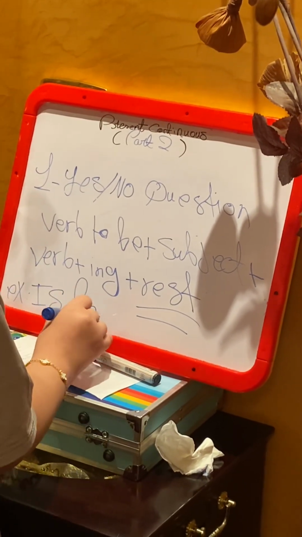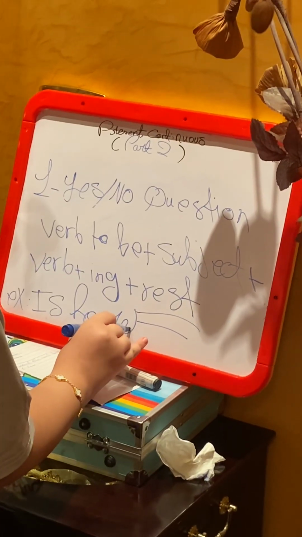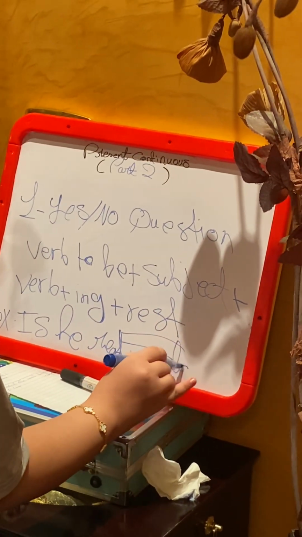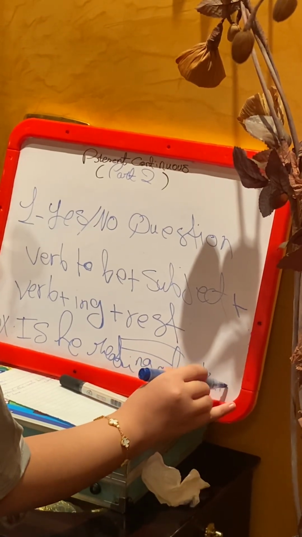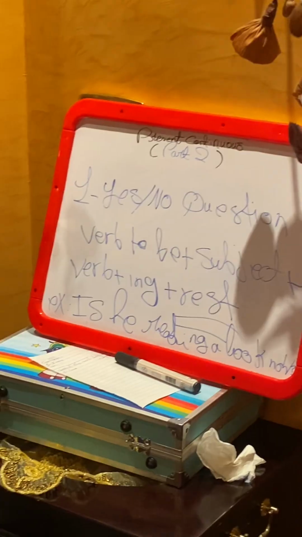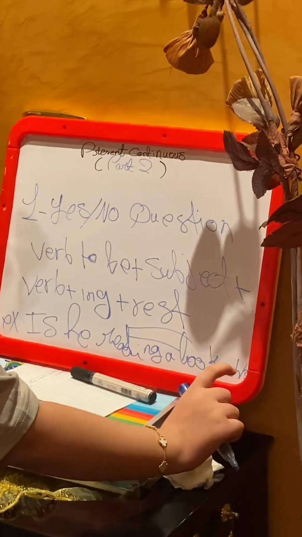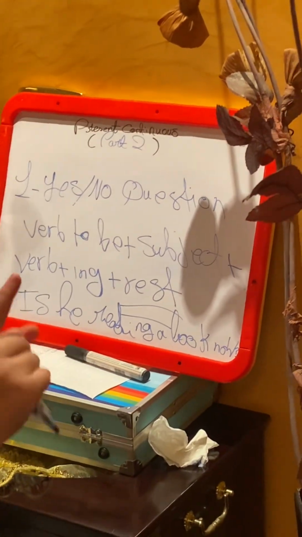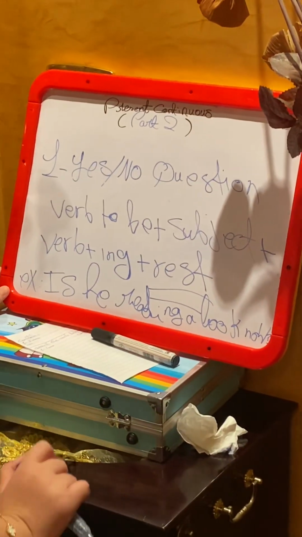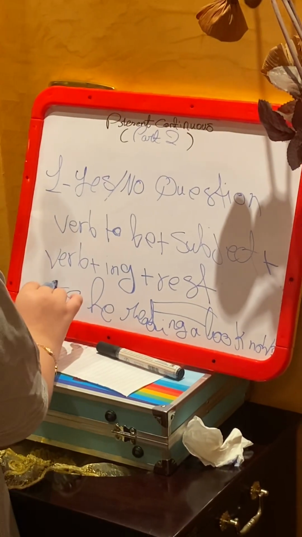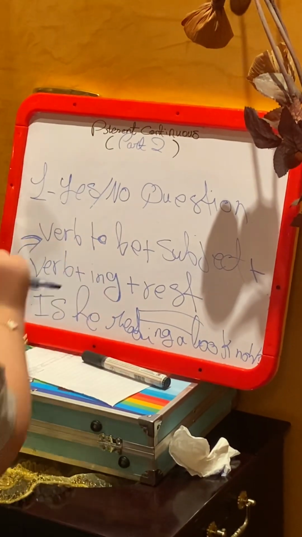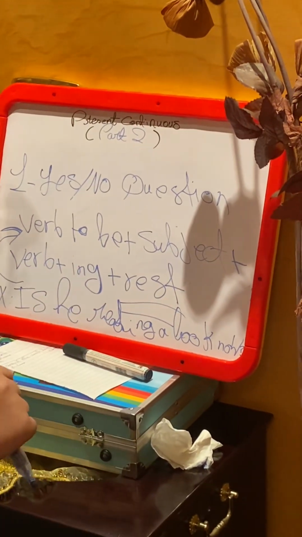Is he reading a book? Now, of course, after any question, as I said before, we put a question mark. So don't forget, at the end of any question, what shall I do? Question mark. Is is from the verb to be. What about he?